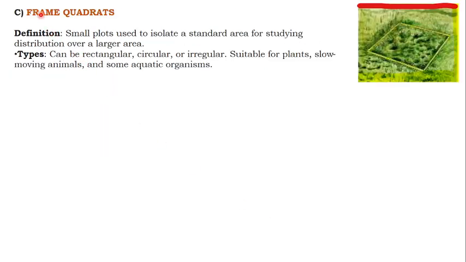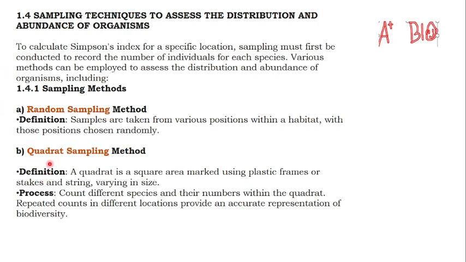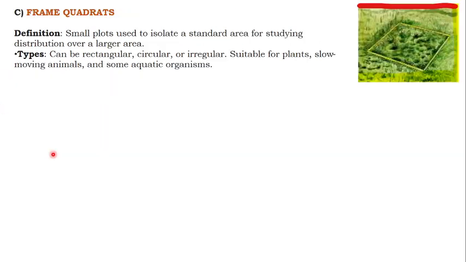So there is another called the frame quadrat, which looks like this one. It is another form of quadrat sampling, but this one has its own name. A small plot is used to isolate a standard area for studying distribution over large areas.